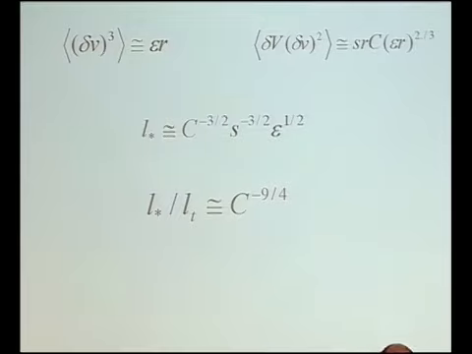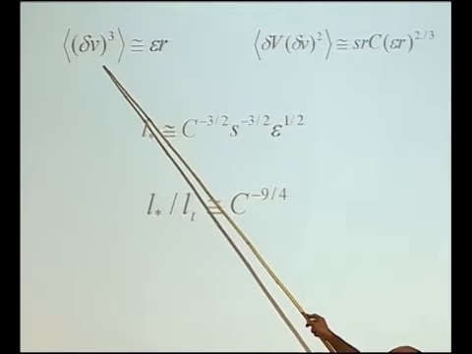Now if we try to guess how the existence of this large scale flow would influence the other moments, particularly the third moment is of interest because it would give us a measure of the local part of the energy flux in our system.